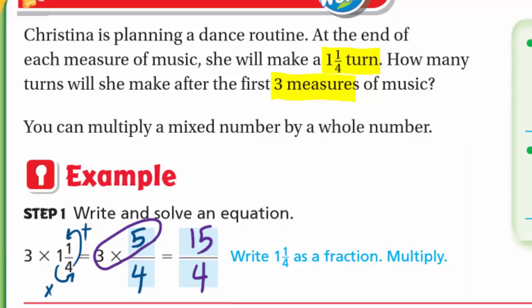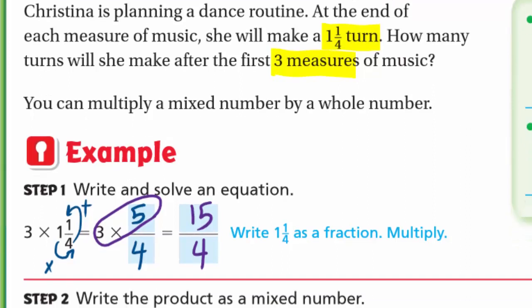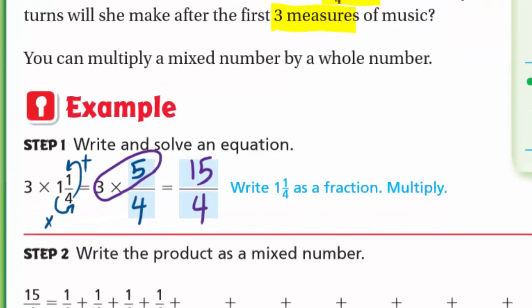We just turn the 1 1/4 into a fraction by multiplying the whole number by the denominator, then add the numerator. 1 multiply 4 is 4, plus 1 is 5/4. And we multiply the whole number by the numerator, which is 3 multiply 5, 15/4. And in step 2, he wants us to write the product as a mixed number.